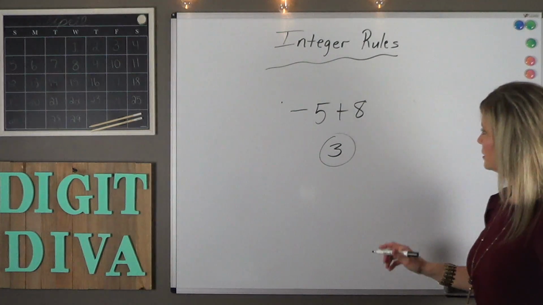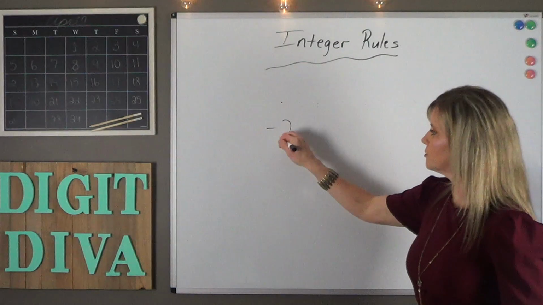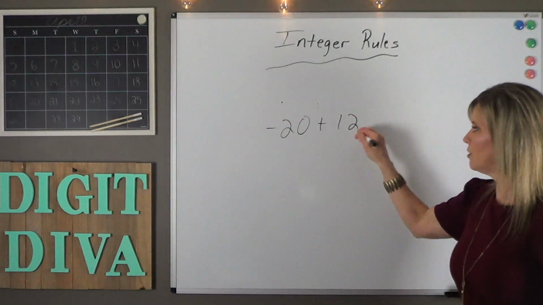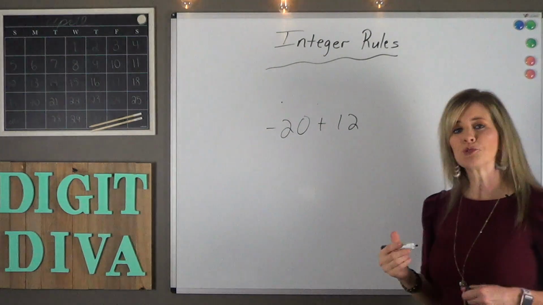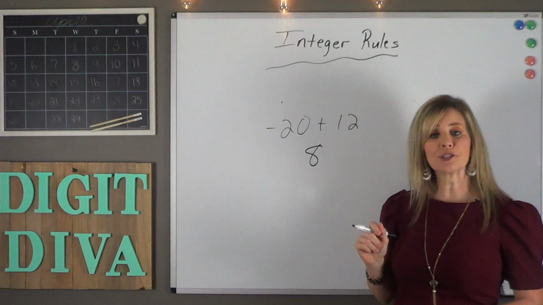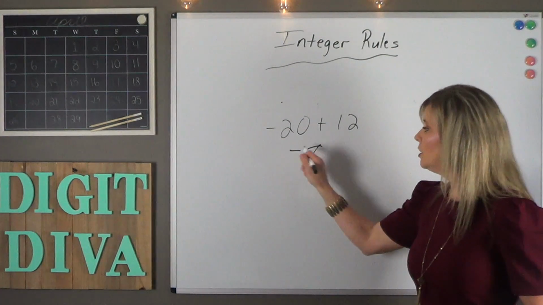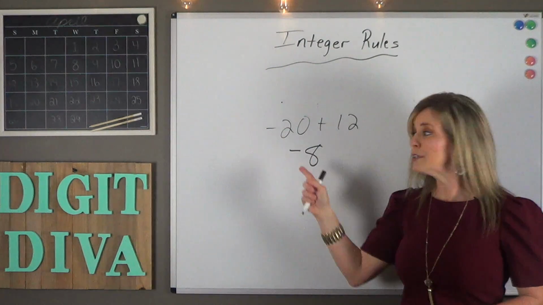Let's try another example. If we have -20 plus 12, the signs are different, so we're going to subtract. 20 minus 12 is 8. But this time, my answer would be -8. Why is it negative? Because the largest absolute value is 20.